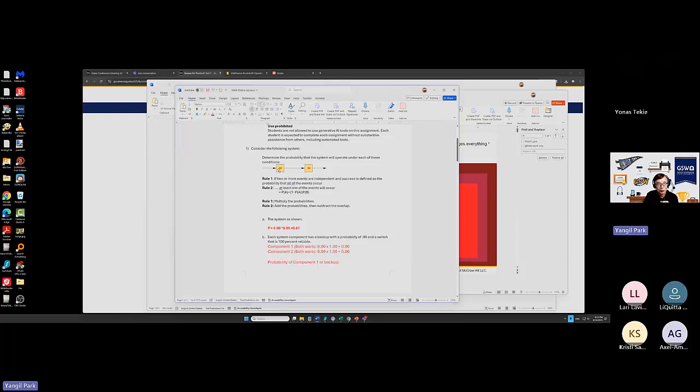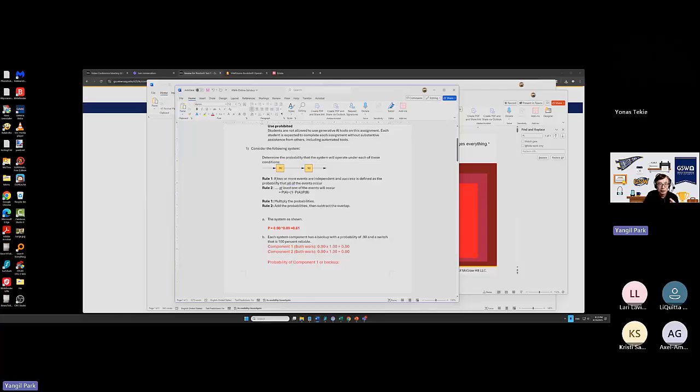So if I can go over some of those questions quickly. We're trying to find out the probability, the reliability, that this system will work. We have two different components, kind of connected. Sometimes we have a backup if this component does not work, and then we try to find the reliability of those situations as well. So we have two rules, if you read that chapter, hopefully.